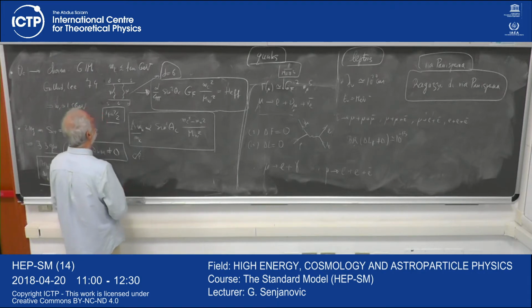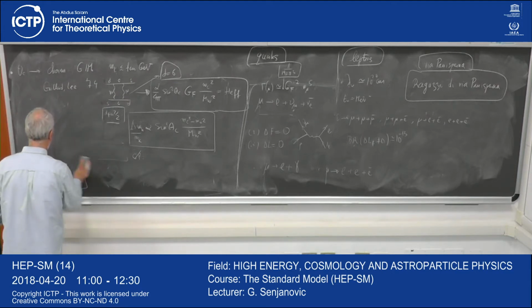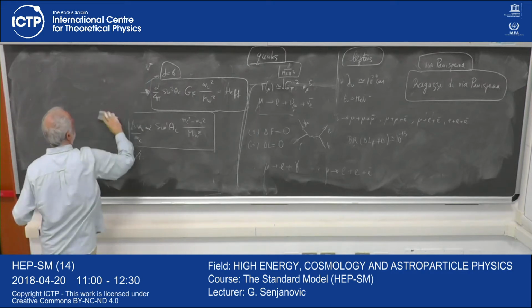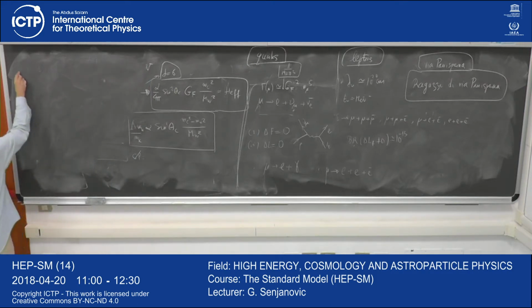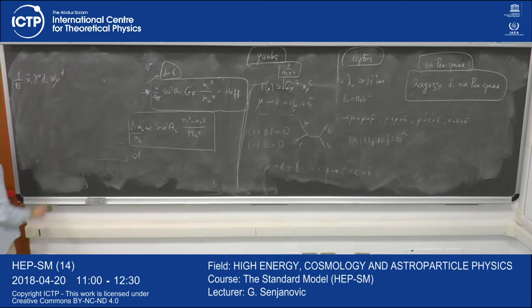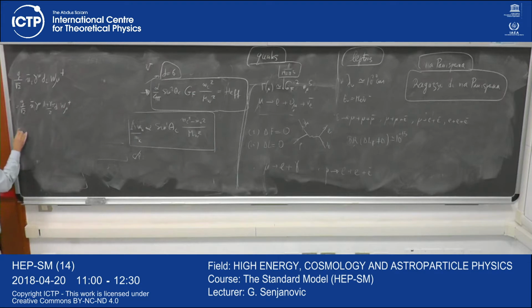If I write the charged weak interaction, the W current, it looks like this: G over square root of 2, U bar gamma mu (1 plus gamma 5) over 2 d, W mu, plus the conjugate, which is G over square root of 2.